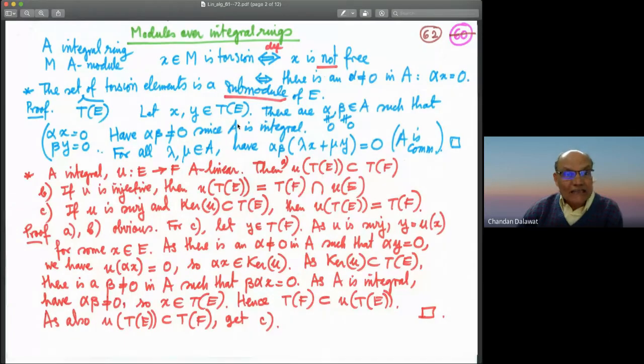Because this ring A is integral, alpha beta is non-zero. And because it's commutative, for every lambda and mu, alpha beta times (lambda x plus mu y) is going to be zero. So that shows that lambda x plus mu y, this linear combination of x and y, is also a torsion element. And so this T of E is a submodule of E.